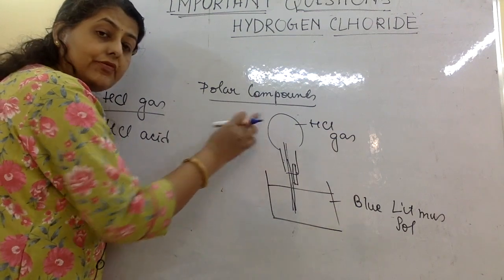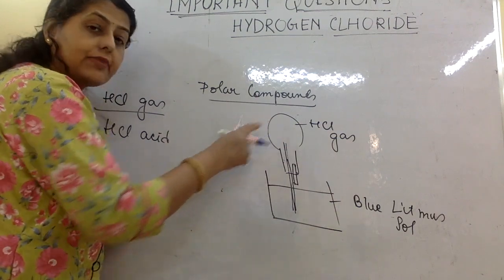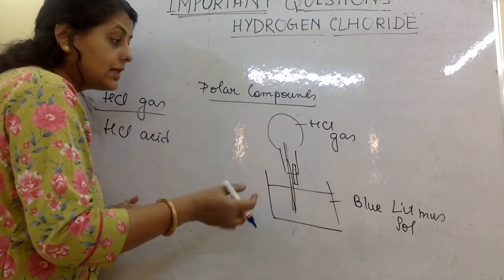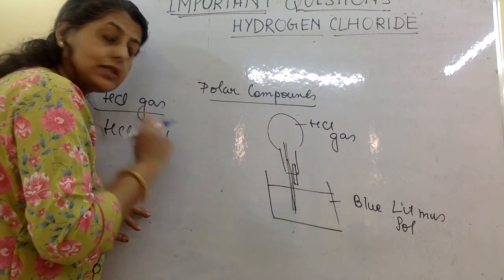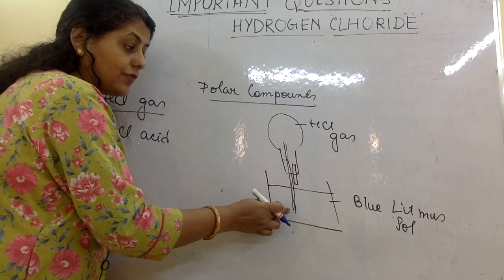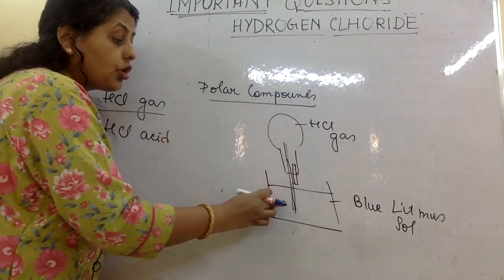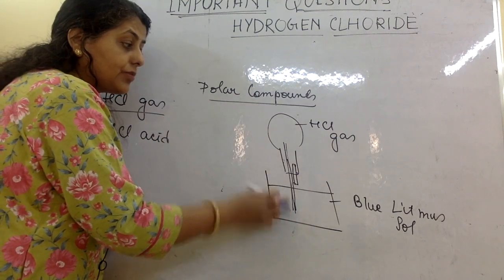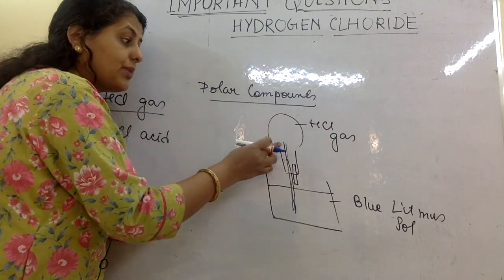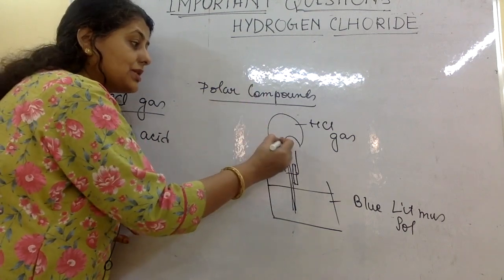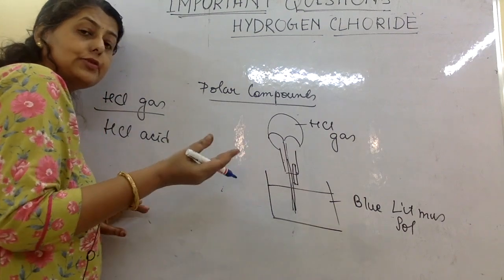A partial vacuum is created here. Due to the low pressure area, just like we drink water from a straw, the litmus solution goes into the flask, but as it goes in, it comes out as a red solution.